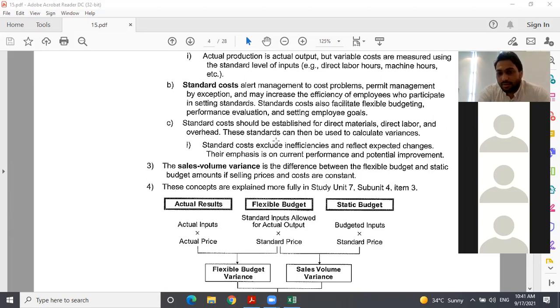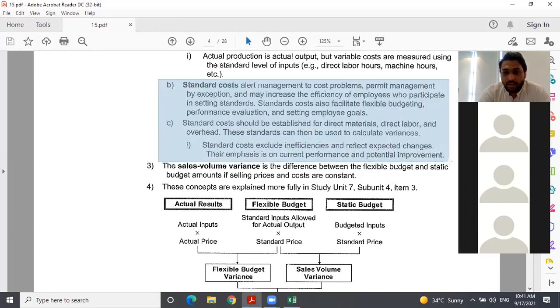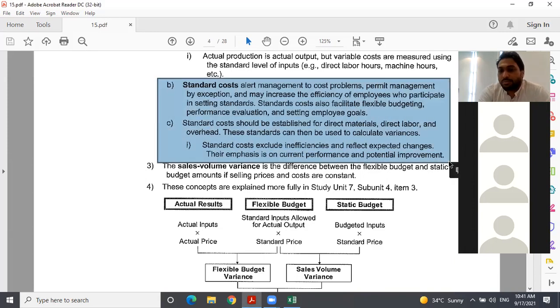These standards can then be used to calculate variances. Standard costs exclude inefficiencies and reflect expected changes. Their emphasis is on current performance and potential improvement. So here, when we set a standard, we consider all the possible things which could affect it.